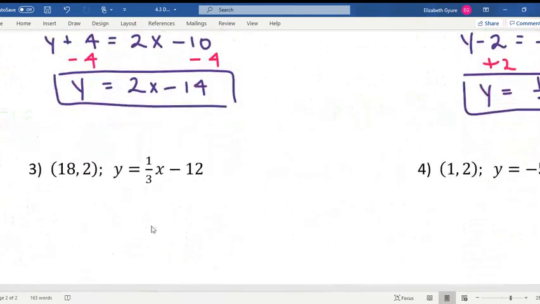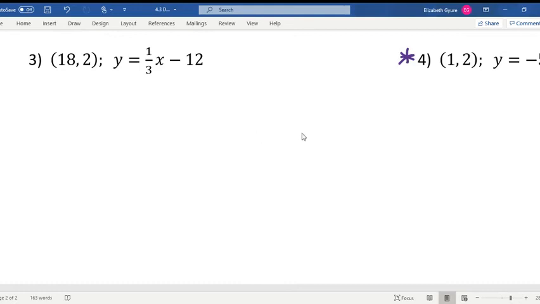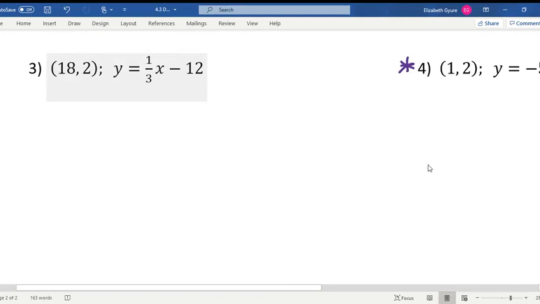Let's do number 3 together, and then I'm going to have you guys practice number 4, okay? So let's look at number 3. We got 18 and 2. That's our x1 and our y1. What we're technically doing right now is writing the equation of a line that is parallel to the one I'm giving you.